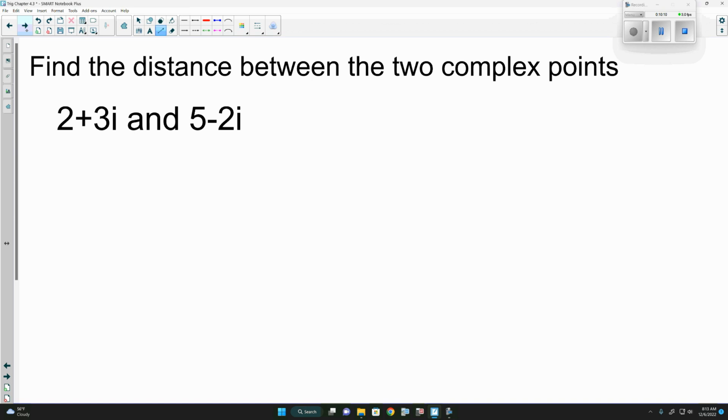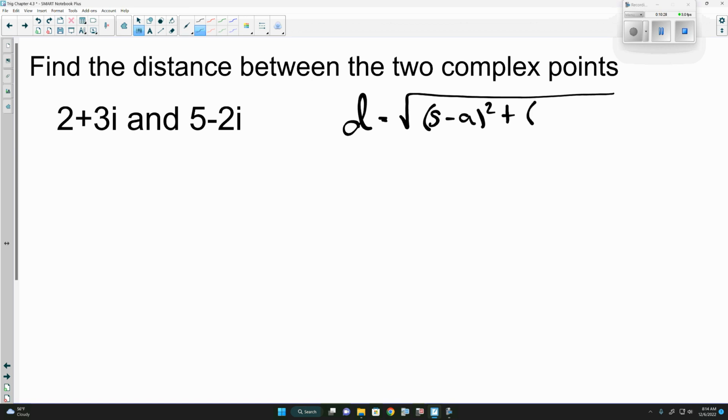They're going to refer to this as, here, well, good if I'm not writing in arrows. We're going to use the formula d is equal to the square root of s minus a squared plus t minus b squared, where d is the distance between the point a, b and s, t in the complex plane.